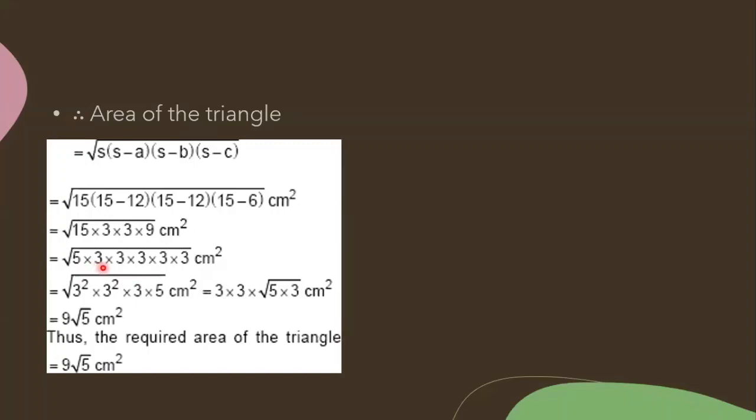So here I got 3 square and 3 square, but 15 and 3 doesn't have a pair of prime numbers. It doesn't get any pair. So this 3 square, if we take out, 9, 5 3s are 15. So the answer is 9 root 15.